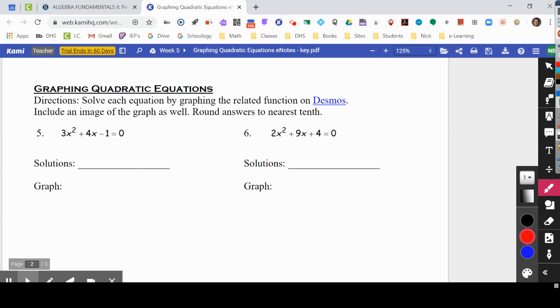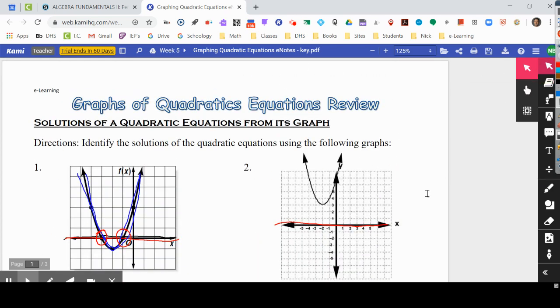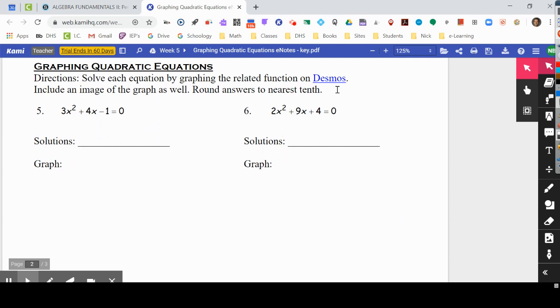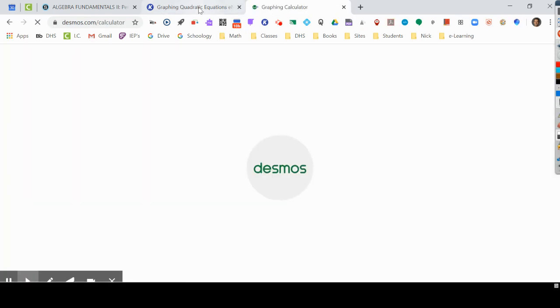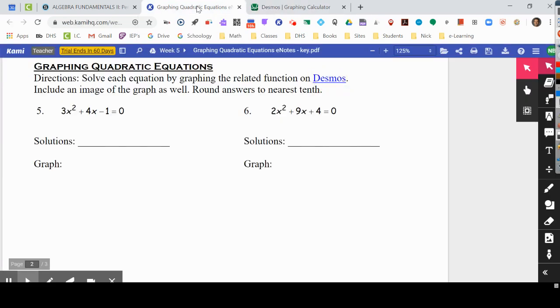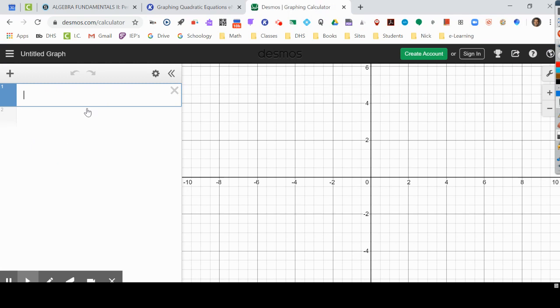All right, so let's pull up the Desmos app here. Start some graphing here. My first equation is 3x squared plus 4x minus 1. So again, 3x squared.